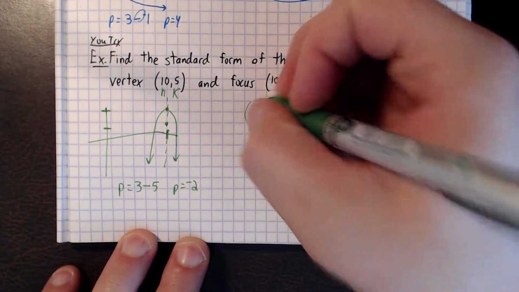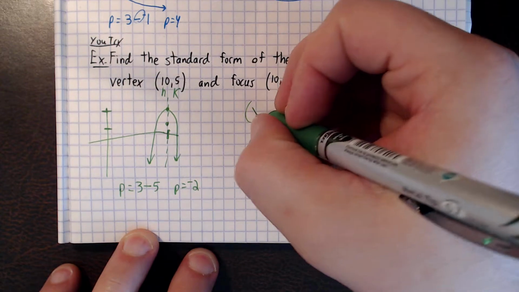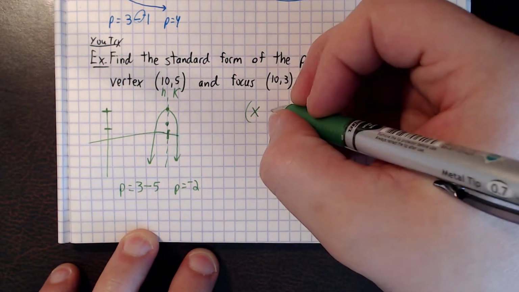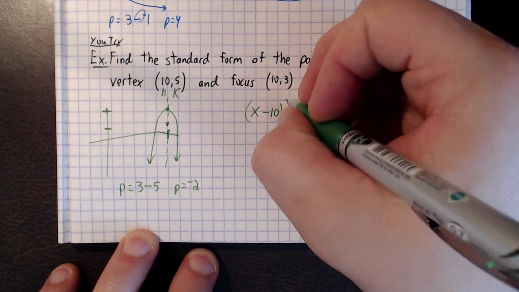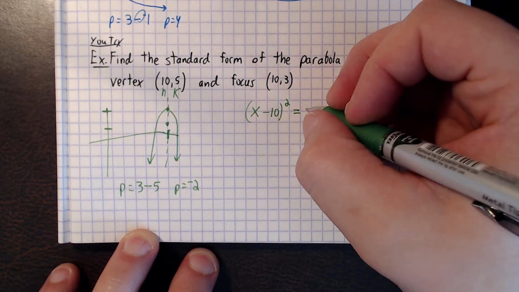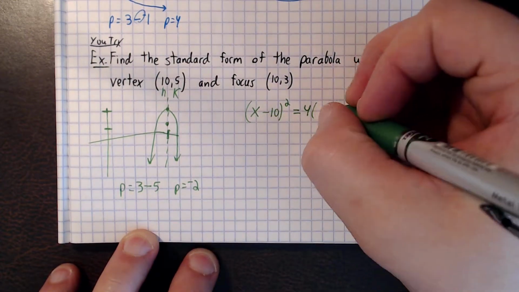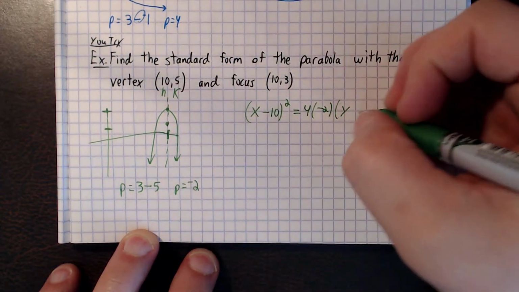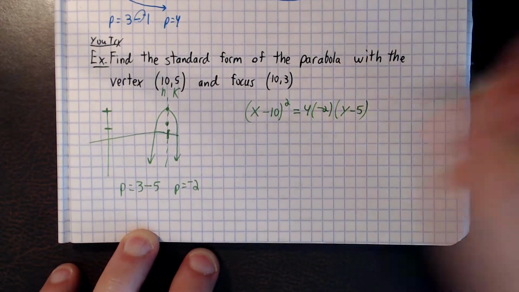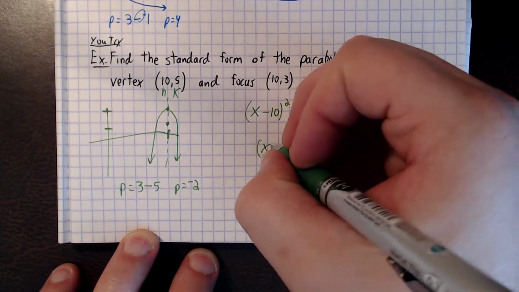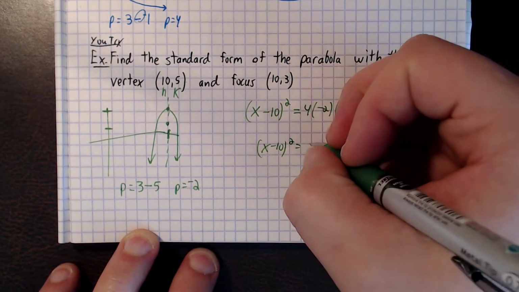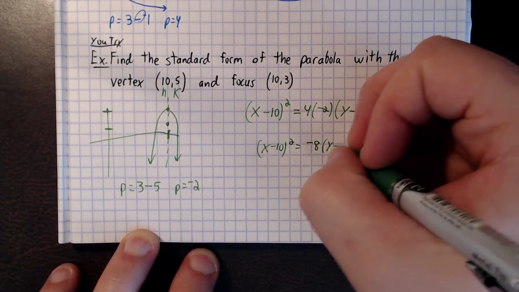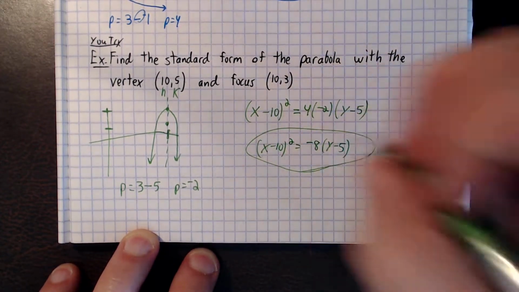But we know that we have a vertical axis. That means we want x minus h first. That's going to be squared. 4 times p, which is -2. And then we have y minus k, which is -5. So here it is. Your solution.